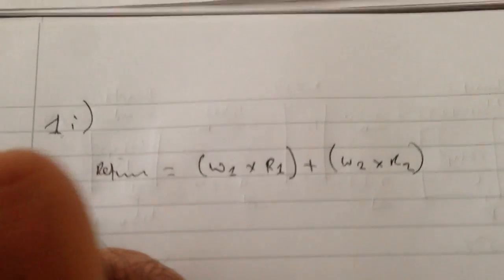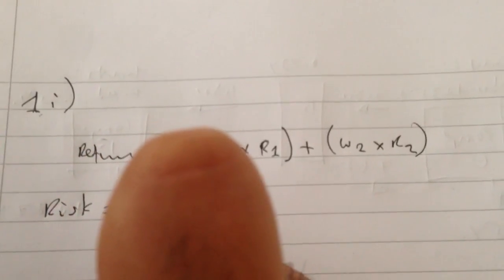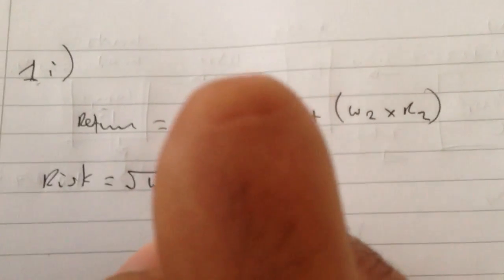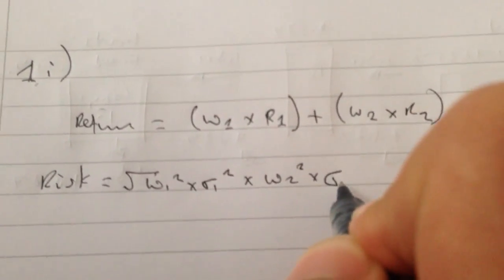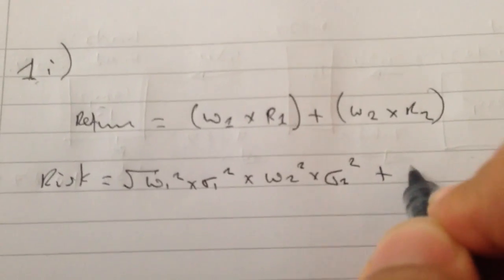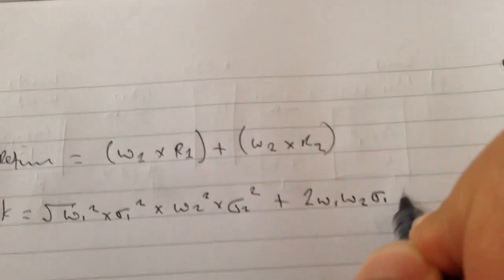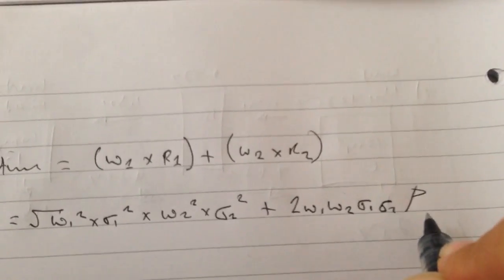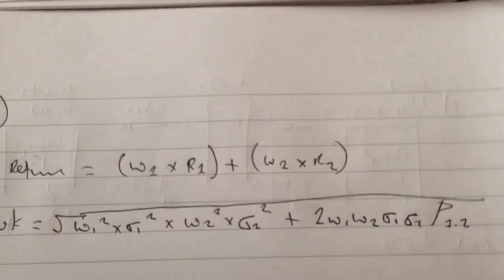And then your risk is the square root of your weight 1 squared multiplied by your risk 1 squared, plus the weight 2 squared multiplied by the risk 2 squared, plus 2 times weight 1, weight 2, risk 1, risk 2, and then the correlation between your first and your second share. And all of this is square rooted.